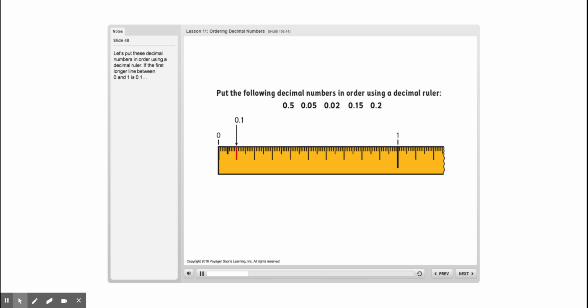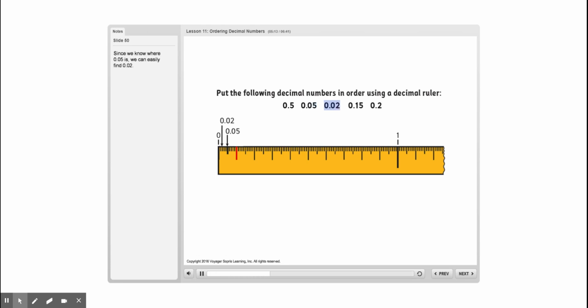Let's put these decimal numbers in order using a decimal ruler. If the first longer line between 0 and 1 is 1/10, then halfway to that line must be 5/100ths. This is one of our numbers.